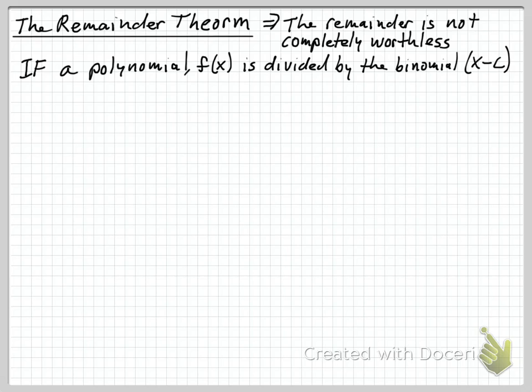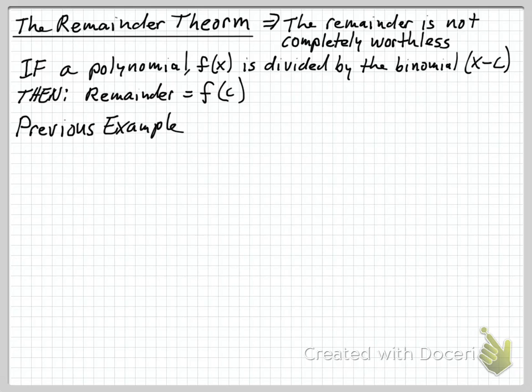And it's all about that little constant c in our divisor. And basically says if I take that constant c and put it into our original equation, it should equal the remainder. So what does that mean for us?